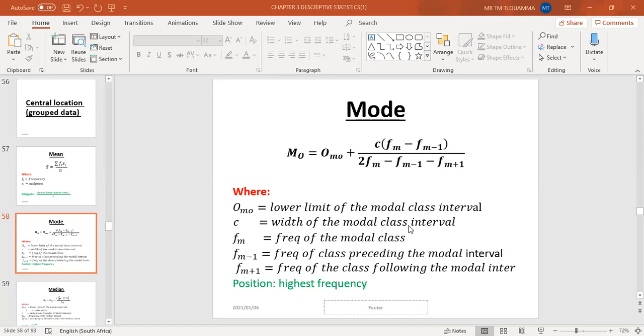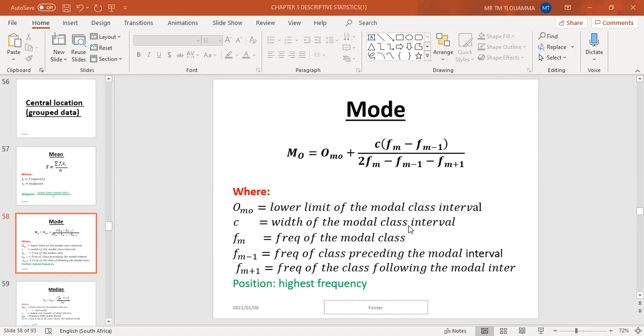If our difference is 100, it will be constant throughout up until the last class limit. So if we say 100 to 200, the next interval says 200 to 300. Can you see that the difference is 100, right? So that is our class width. Meaning in C, we're going to substitute 100.